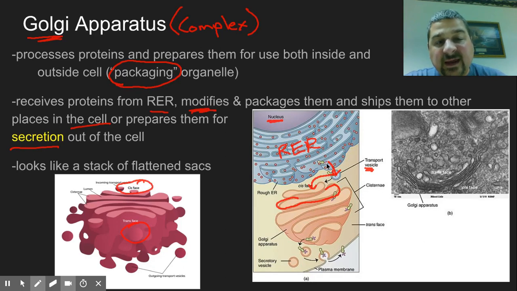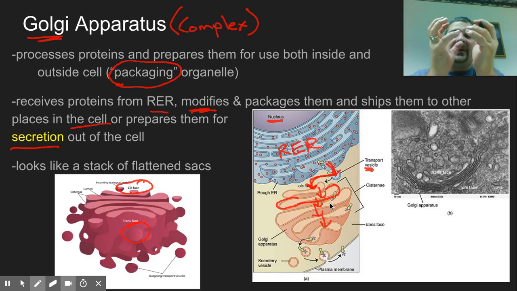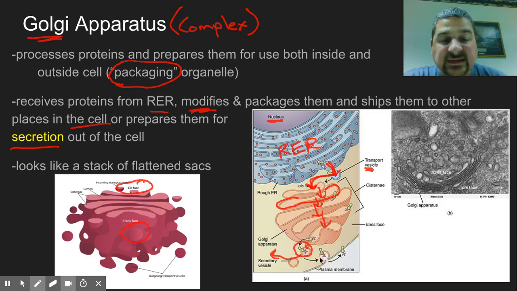So the cis face is where the vesicle, the protein is going to enter, and as it moves from area to area, and it goes through all these different levels, is where it's going to get modified and modified and modified. And when it gets to the end down here is when it's in its final structure, and it'll either be used in the cell, or it can be taken to the plasma membrane and secreted like a digestive enzyme into our stomach or small intestine.